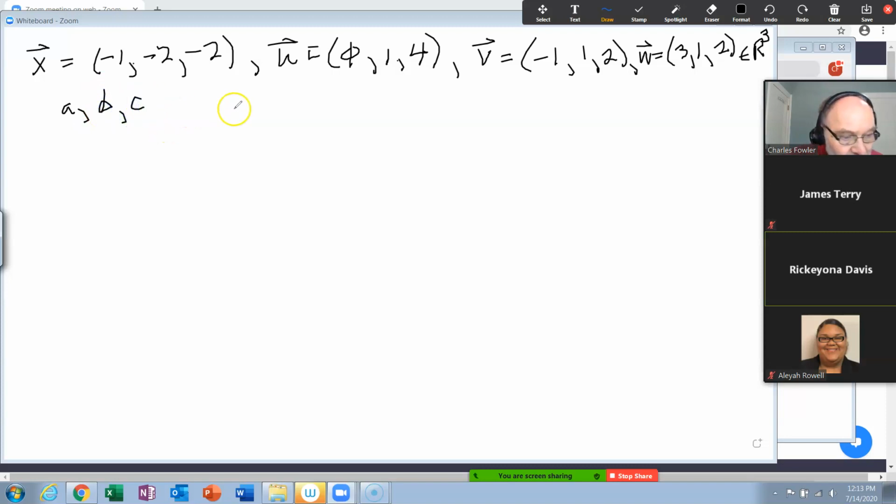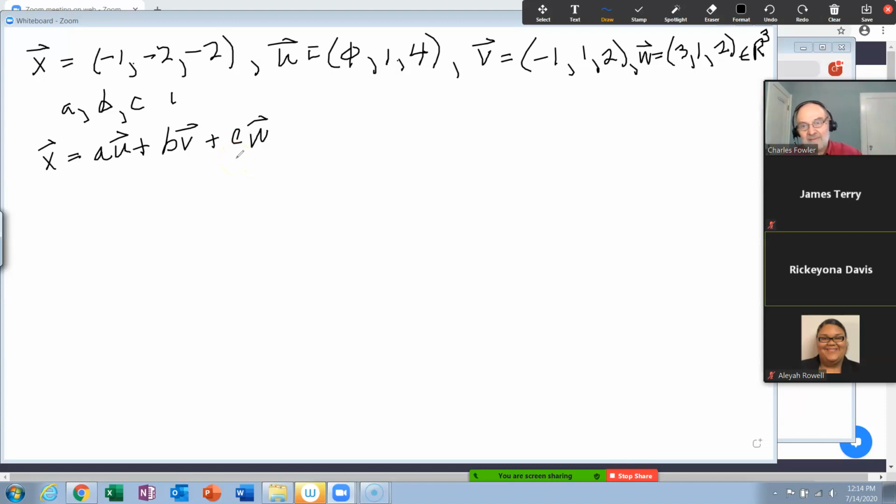That's what we're looking for, such that, and here's what we want to be true, vector X is equal to A times vector U plus B times vector V plus C times vector W. Okay.